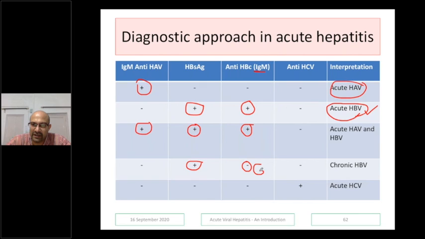We should find IgG type of antibodies. But if HBs antigen is remaining positive with IgG type of anti-HB core antibodies, then the person has chronic hepatitis B virus infection. And if all these are negative and only HCV is positive, then obviously the person has an acute HCV infection. So friends, with this, we come to an end of today's session.